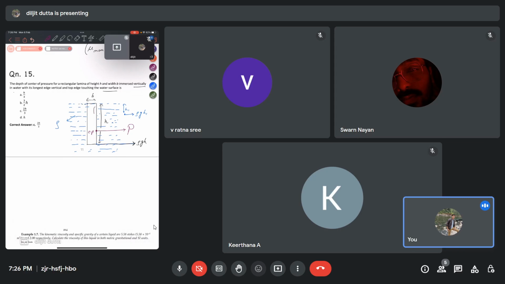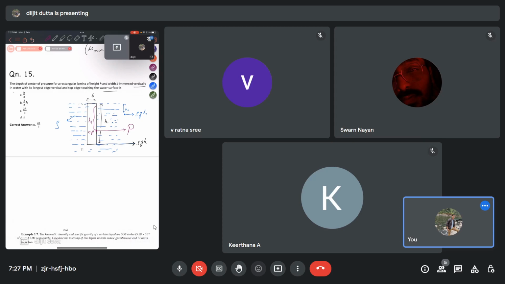Let's say it is at h1, so the center of pressure is at a height h1 from the surface. The total pressure on the vertical surface of the bar should be acting at the center of pressure, and we have to equate this to the total pressure that is distributed throughout the fluid.